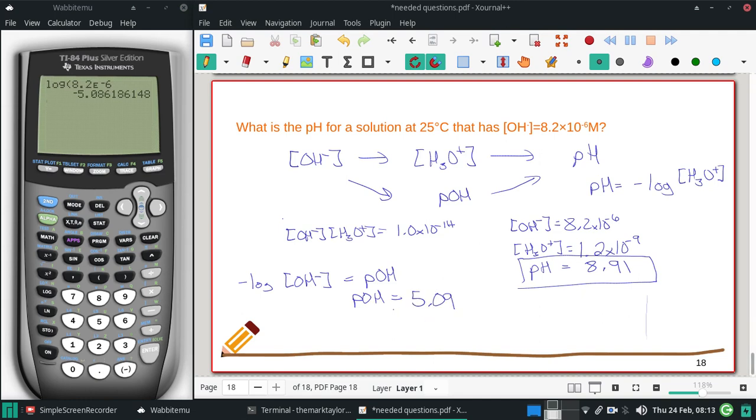And where this gets to be a heck of a lot easier, it turns out pH plus pOH always equal 14. So 14 minus 5.09 gives me that same 8.91.